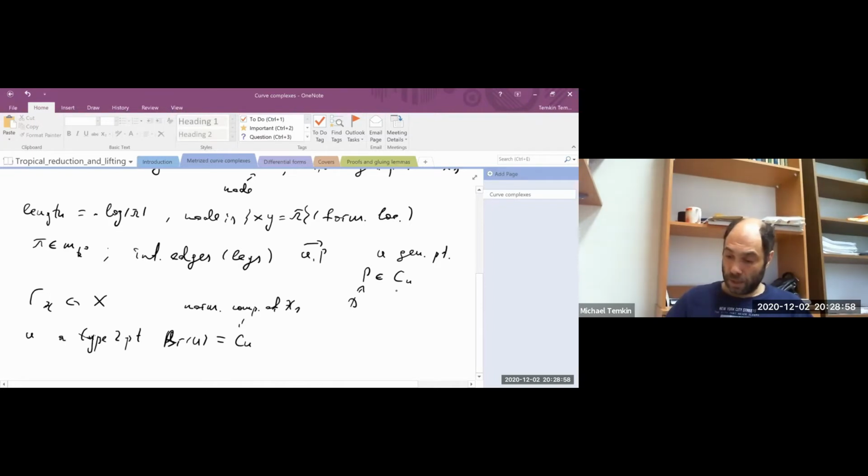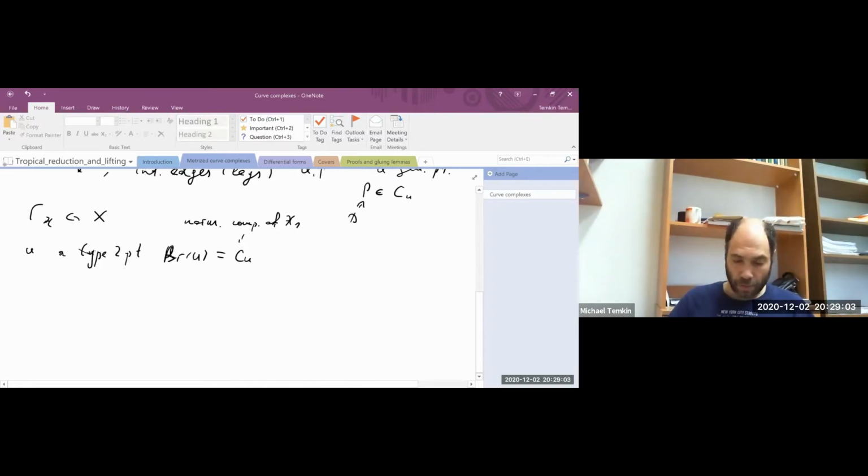Okay, and now the metrized curve complex associated to this is the following. It consists of Γ_𝔛, and it consists of curves C_U, smooth proper connected curves, parameterized by finite vertices.